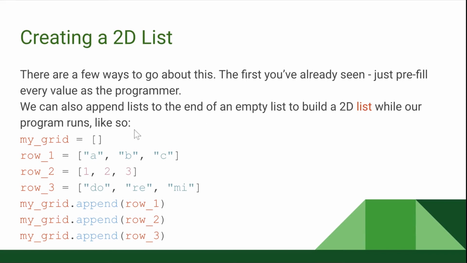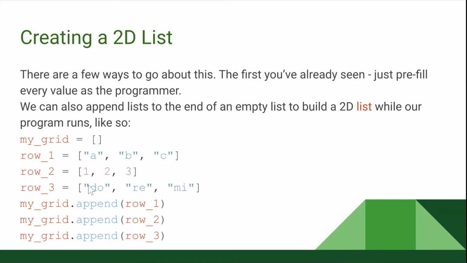We can also append lists to the end of an empty list and build a 2D list while our program is running. So if I say my grid is an empty list, open and close those square brackets, I can make my 3 rows, each one being its own list. I can say row 1 is the list A, B, C, row 2 is the list 1, 2, 3, and row 3 is the list do, re, mi.